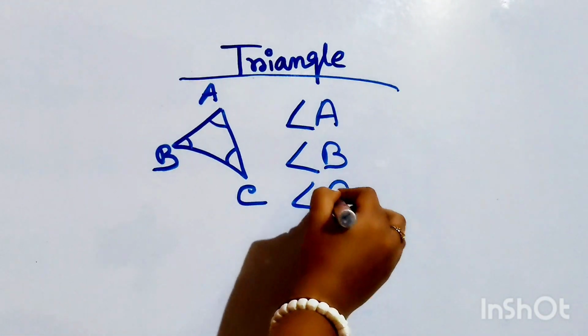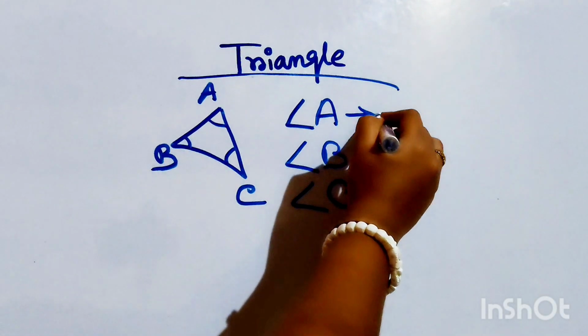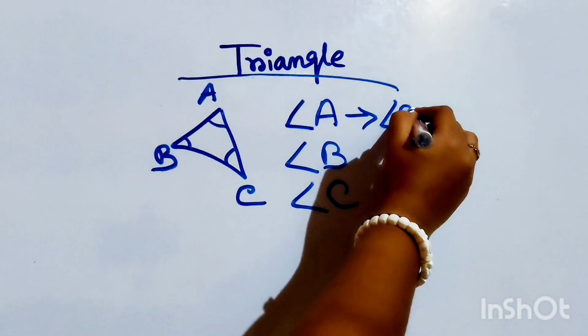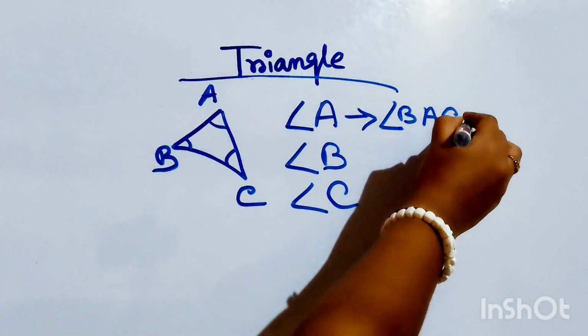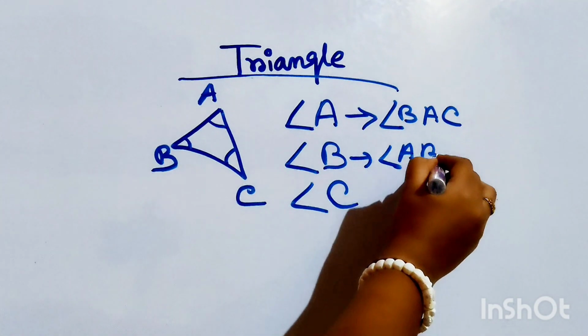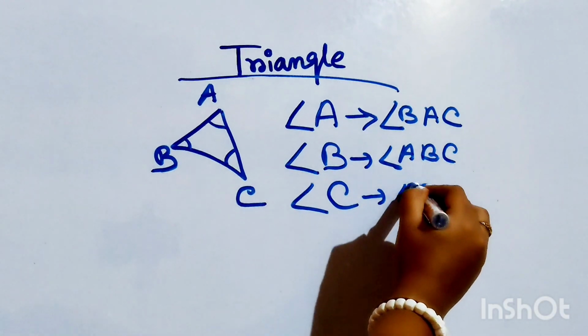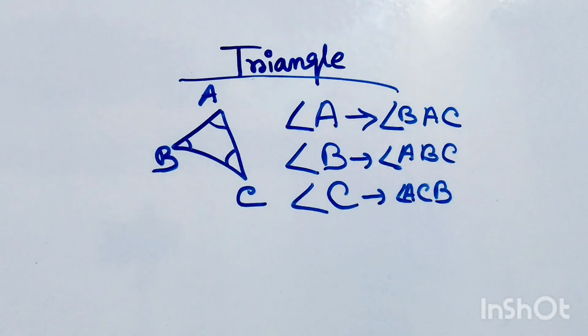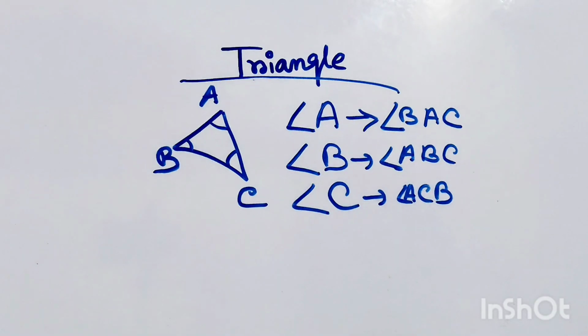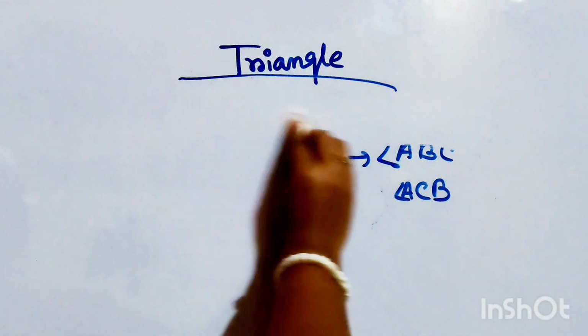You can see three angles are present here: angle A, angle B, angle C. Angle A can be written as angle BAC, angle B as angle ABC, and angle C as angle ACB. Both are the same.